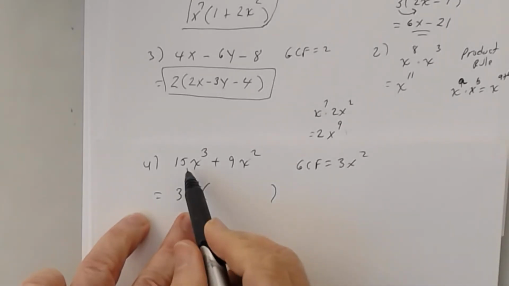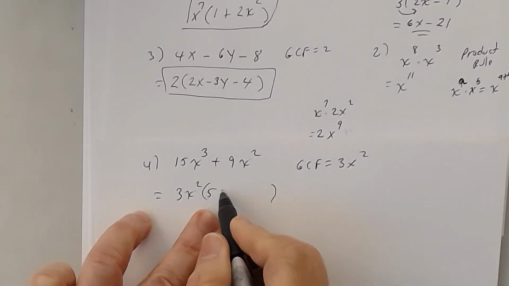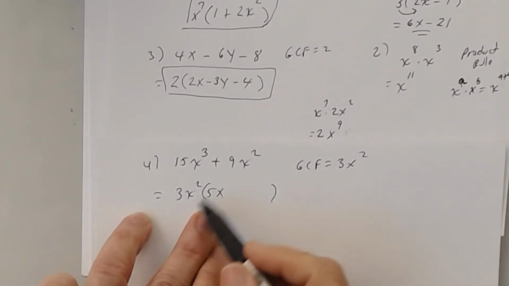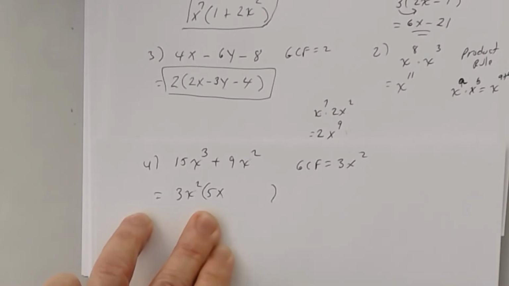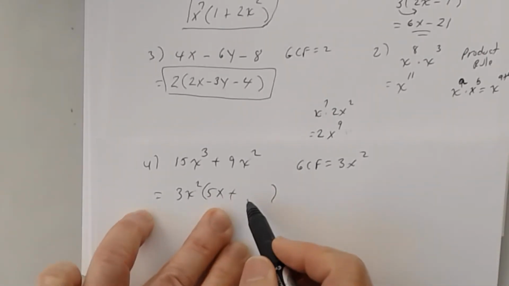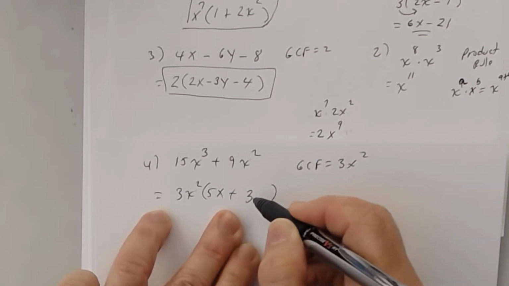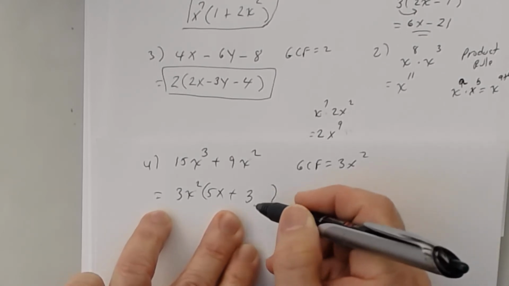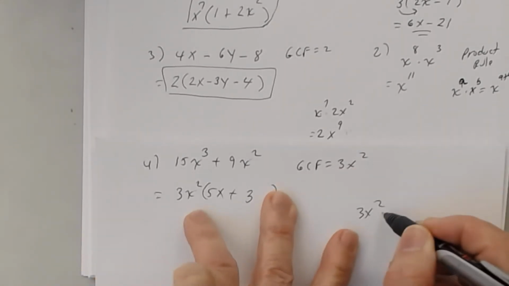3x squared times what is 15x cubed? 5 what? Very good, 5x. Because what's x squared times x? x cubed. All right. Plus 3x squared times what's 9x squared? 3 only, not an x. Did anyone think about putting an x there? Okay, well, let's check it. 3x squared times 3x.